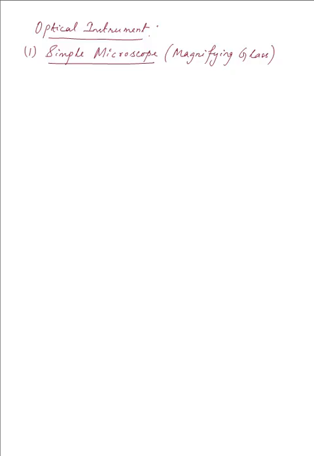Now, in this case, if we have a convex lens and there's a principal axis passing through the optical center, and then we have an object.